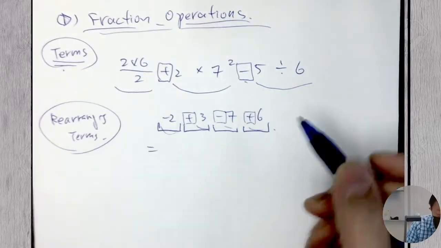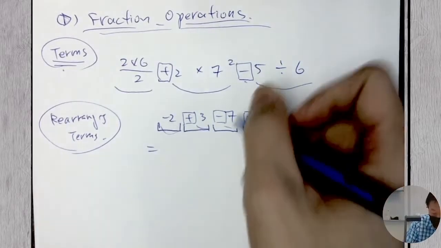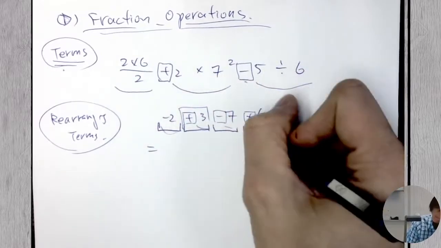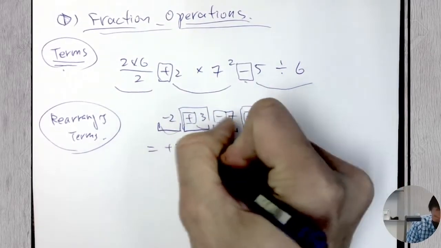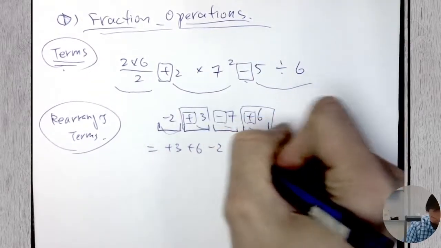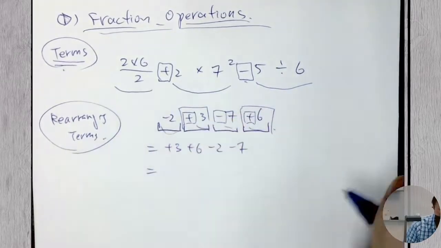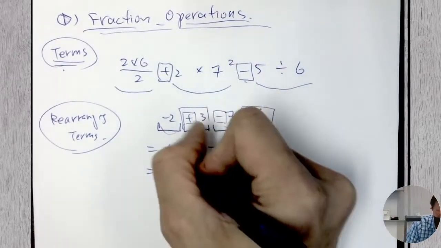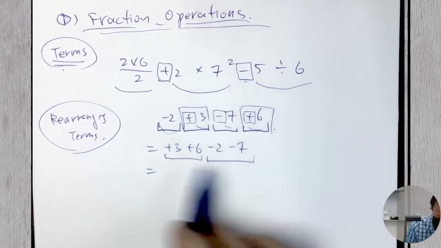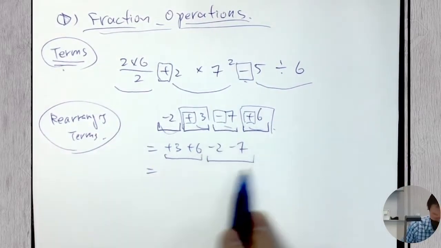You can rearrange this so that the positives are together and the negatives are together. I'm going to put these positive numbers together, and I'm going to put the negatives together. Then you can add the positive numbers and the negative numbers.